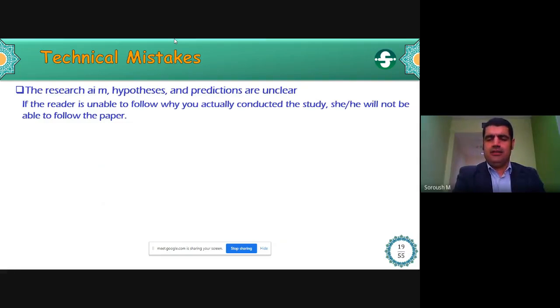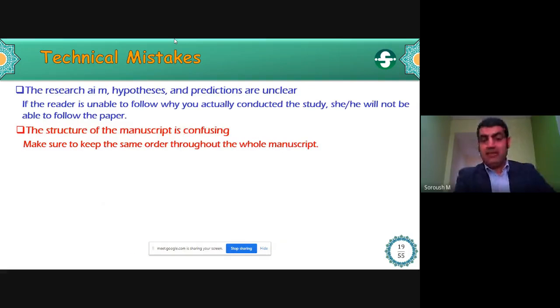And this is the case that the reviewer or the reader cannot properly follow the subject and may be confused by our writing. Also, the structure of the manuscript would be confusing. We will see that we have different sorts of manuscripts. Each has its own structure, and each should be managed and organized in a very particular way.